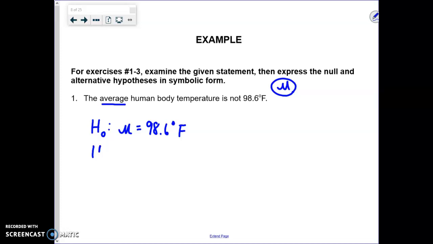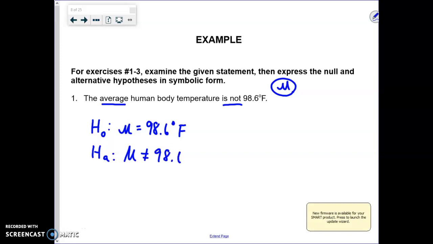So then the alternative comes from this statement: we believe the temperature is not 98.6, so we're thinking it could be either more than that or less than that. So we would say the population mean is not equal to 98.6 degrees Fahrenheit.